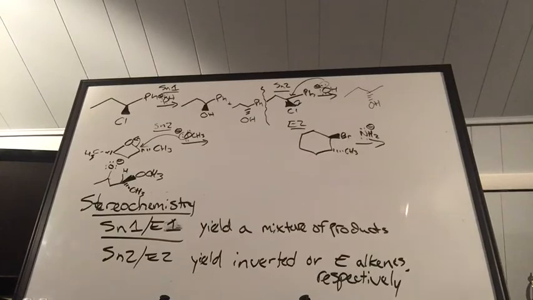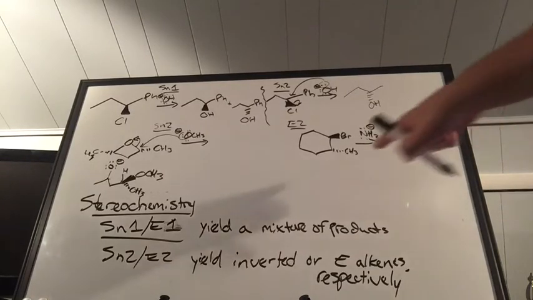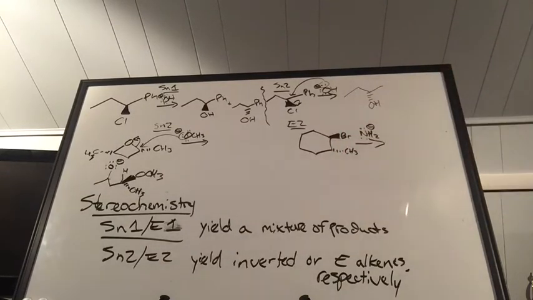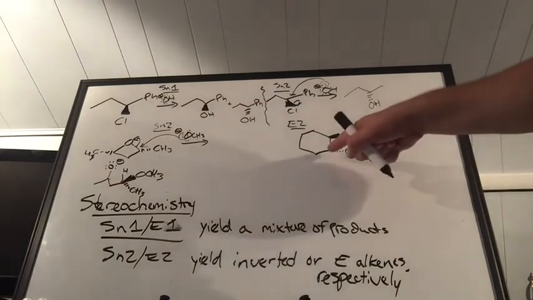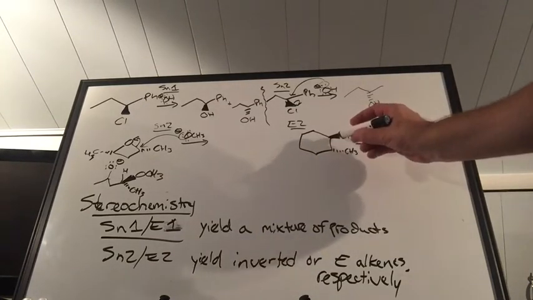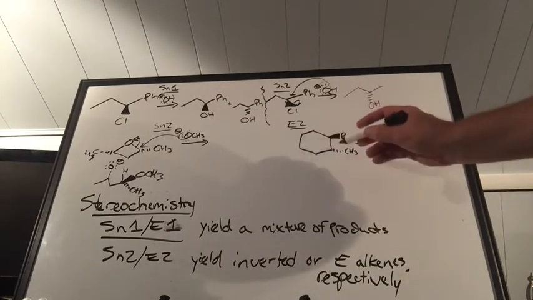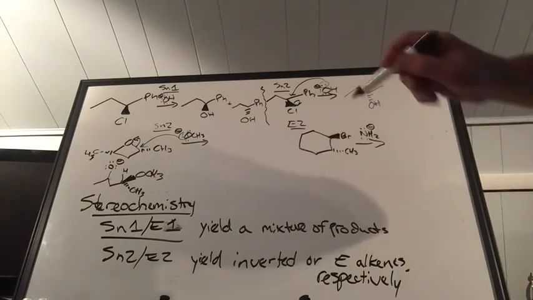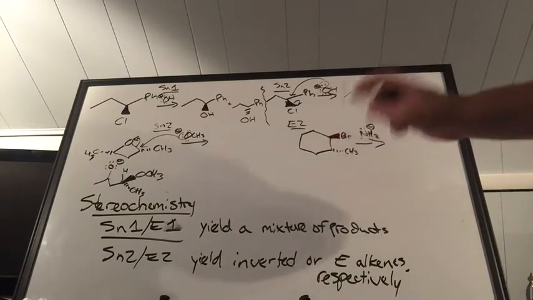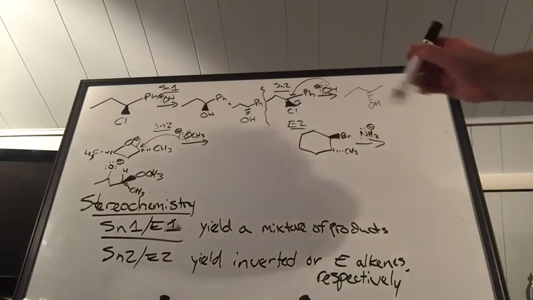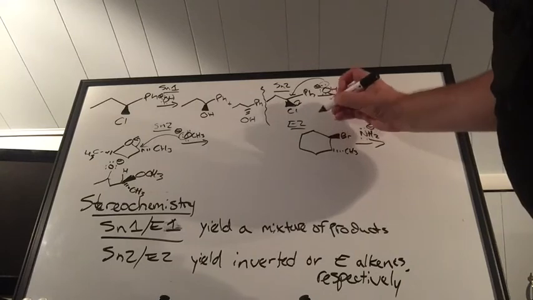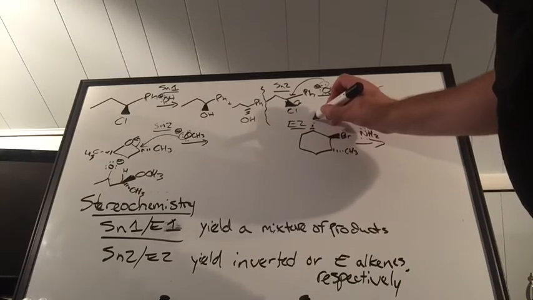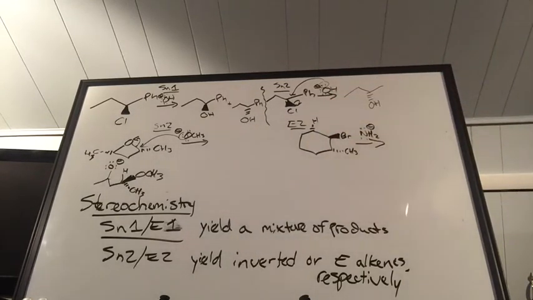Now for the trickster, over there on the right, that E2. So you say, oh, well, we want to form our most stable product, which is right here. Well, that's not going to be the fastest product that's going to occur, because if this bromo group is going to be sticking out, we have to have a hydrogen to be removed from the strong base sticking inward. Well, that's not there. CH3 group is there. So in other words, we need a hydrogen that's going into the plane of the board here.